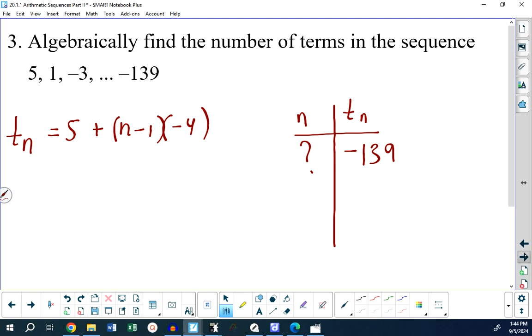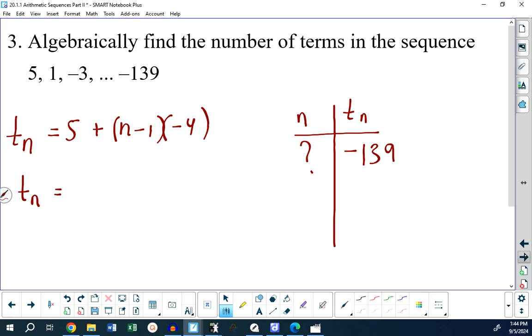We're always saying, because it's the formula, T sub n is the first term plus n minus 1 times the common difference. Are we okay with that? Any questions there? Okay.